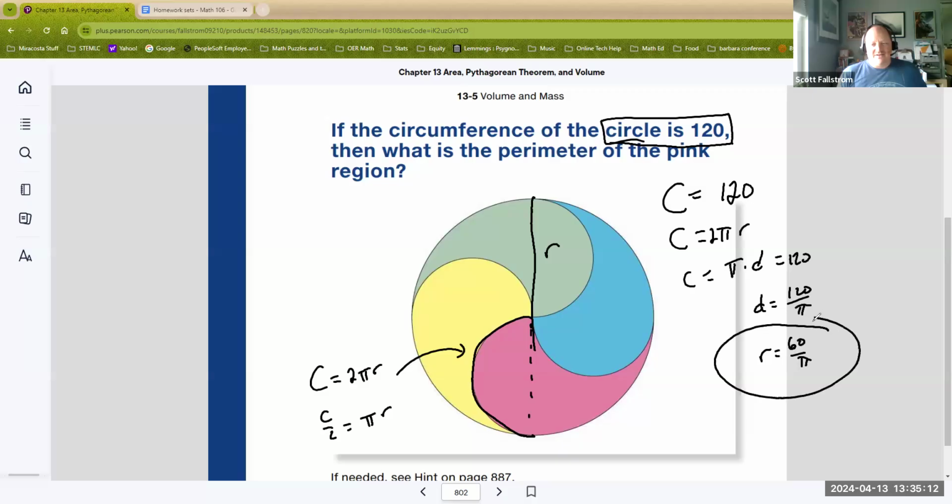So take this radius right here and multiply it by pi, and this chunk right here along the edge is actually 60. And what's beautiful is this next chunk of the perimeter right here is the exact same piece. It's also the semicircle. So this little chunk right here is also 60.